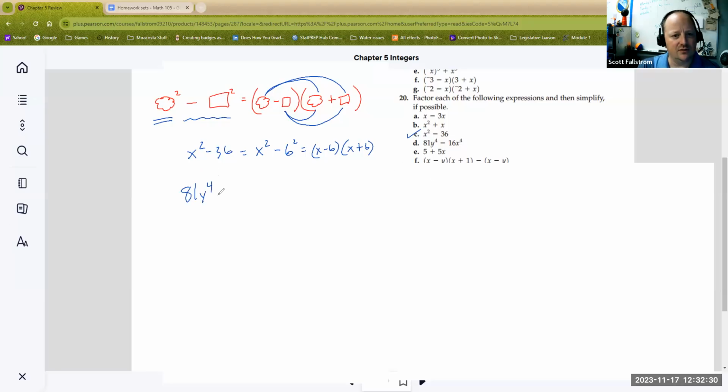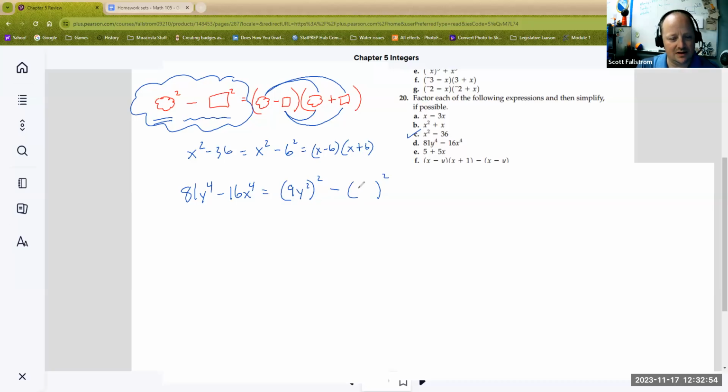81y to the fourth minus 16x to the fourth. It looks more complicated, but I'm going to go right back to this. Just think, what is being squared? Something squared minus something squared. What squared gives me 81? 9. What squared gives me y to the fourth? y squared.